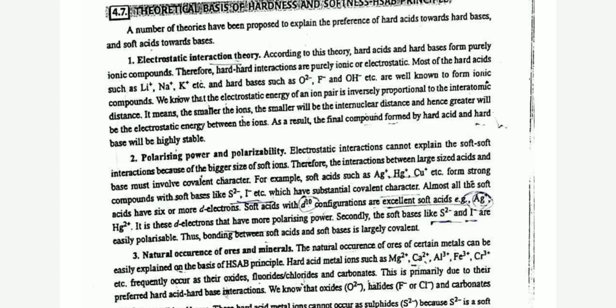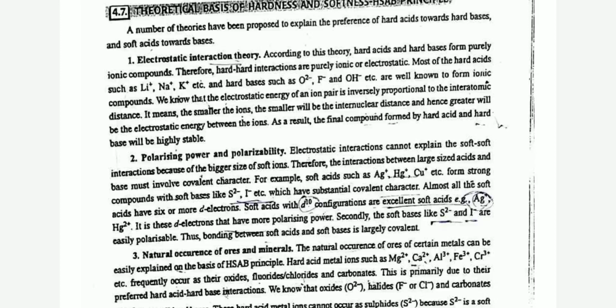Most of the hard acids such as Li positive, Na positive, K positive, etc., and hard bases such as O2 negative, F negative, and OH negative, etc., are well known to form ionic compounds. We know that the electrostatic energy of an ion pair is inversely proportional to the interatomic distance.